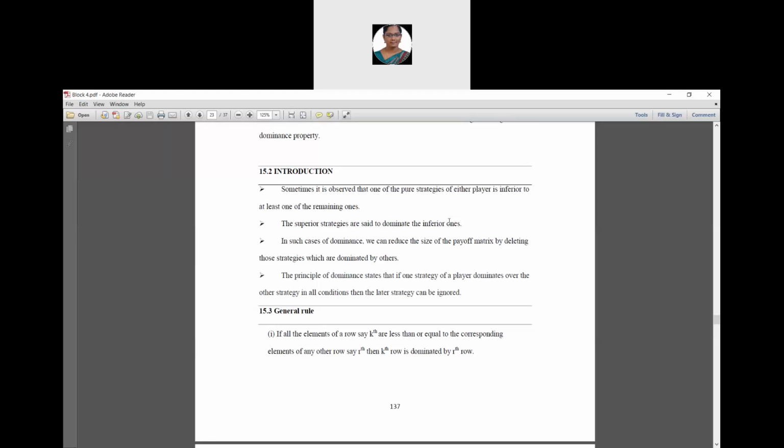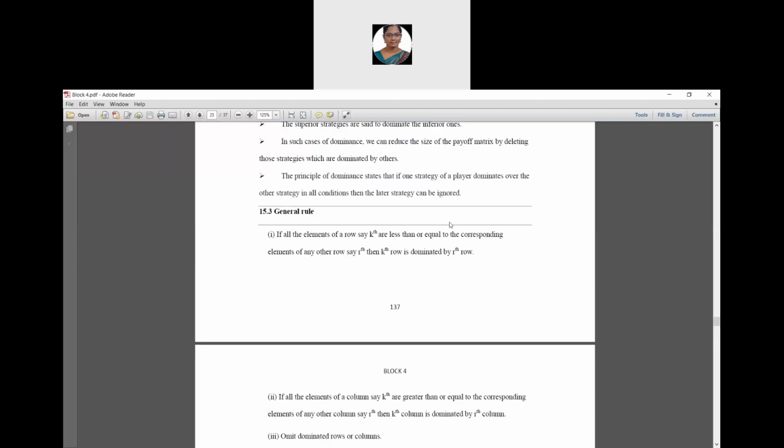In such a case of dominance, we can reduce the size of the payoff matrix by deleting those strategies which are dominated by others. The principle of dominance states that if one strategy of a player dominates over the other strategy in all conditions, then the latter strategy can be ignored.